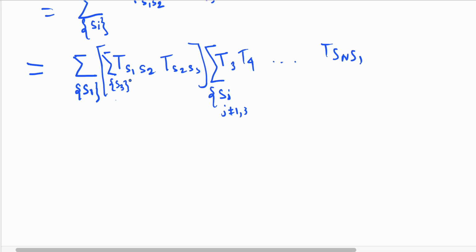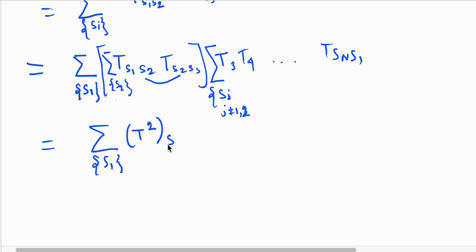Now this is matrix multiplication. From the simple matrix multiplication rule we know that, this is not S3 but it should be S2, so this should be S2, and this is 2 and 3. So if we sum over this S2 we will get an element of the T squared matrix.